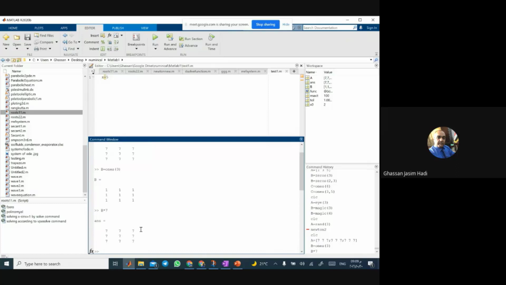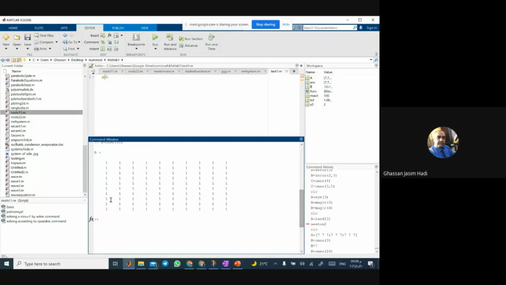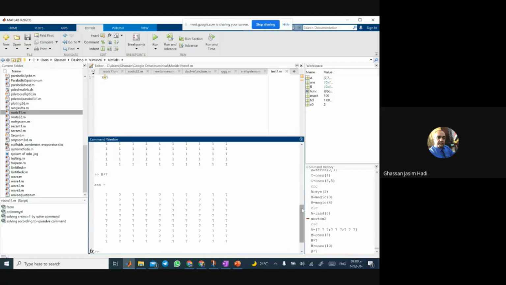It's all 7. Also, we take a huge one, 10, for example. Look at this. It gives us a matrix of 10 rows and 10 columns, every element 1. Just multiply B by 7, and it will give us this matrix.